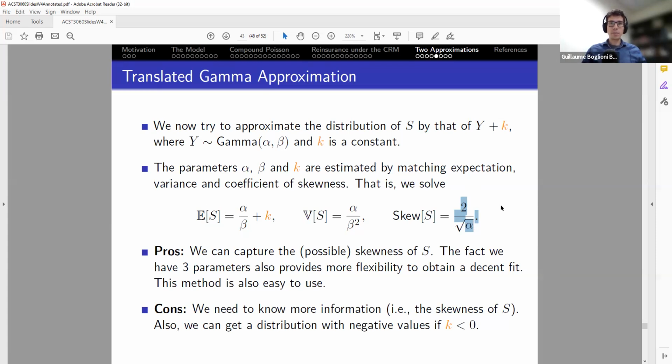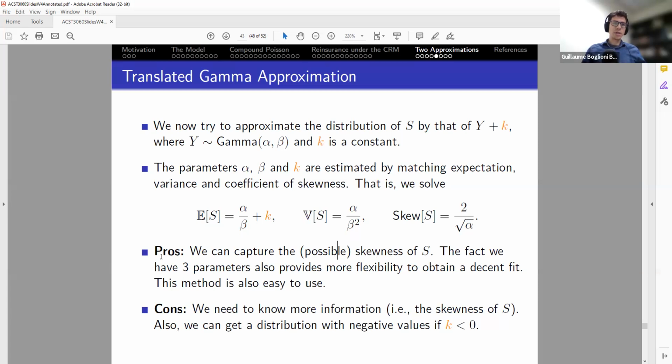Solving is just finding alpha as a function of the skewness of S, which is very easy. Then if you have alpha, you can find beta as a function of the variance of S. Once you found alpha and beta, then you can find K. We're going to do that in an example in a second.